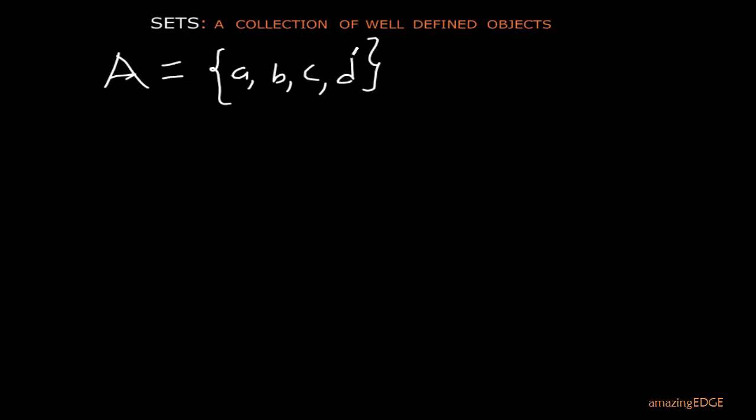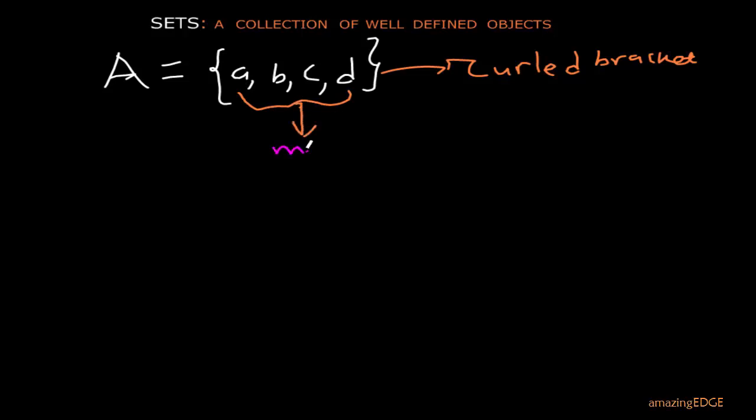This is how we represent a set. The terms you have inside the curly bracket are what we refer to as the members or elements of the set.